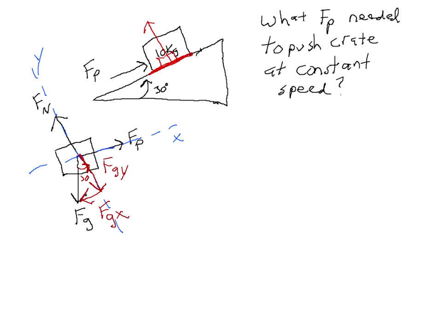So we'll mark that as a 30-degree angle. If I want to find FGX in terms of FG, FGX is equal to the hypotenuse FG times the sine of 30, because the x component of gravity, this line right here that I'm making thicker, is opposite to the 30-degree angle.